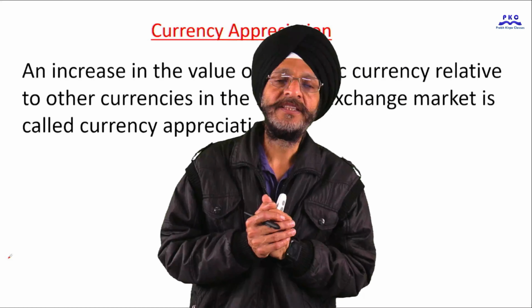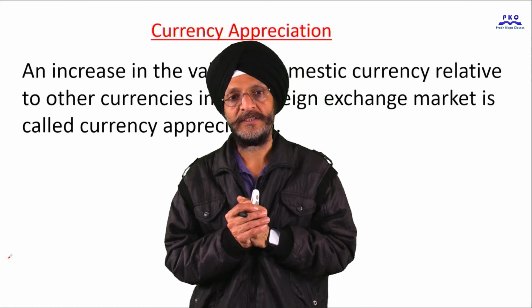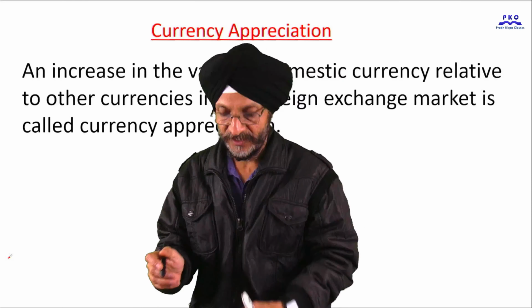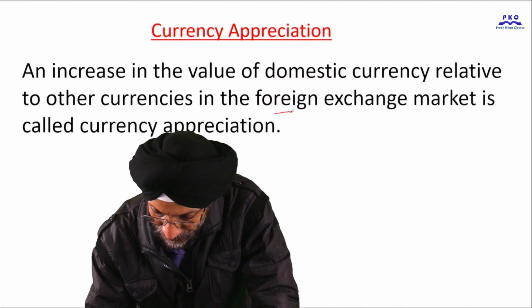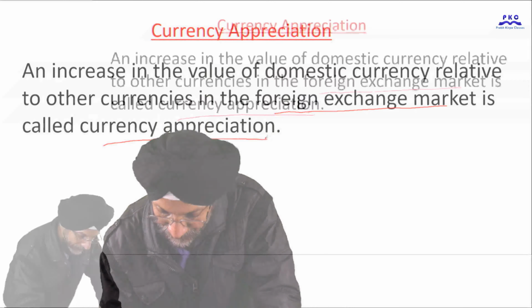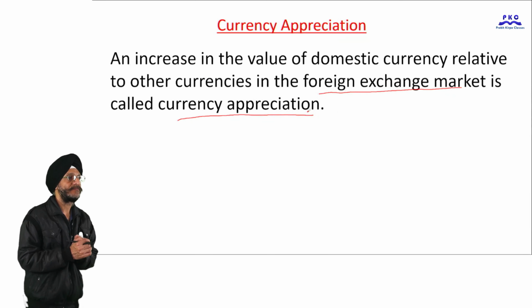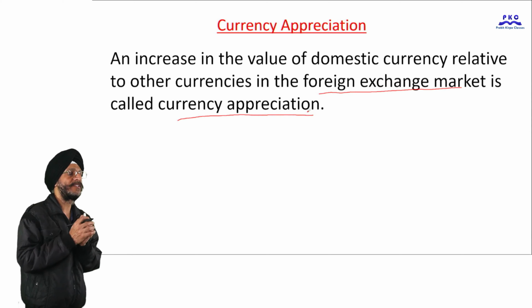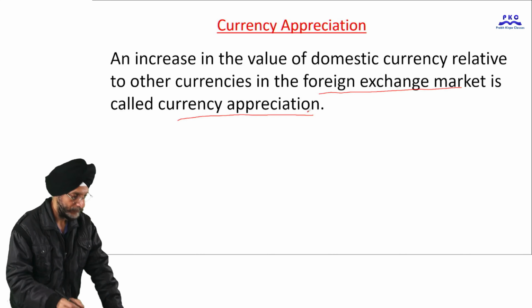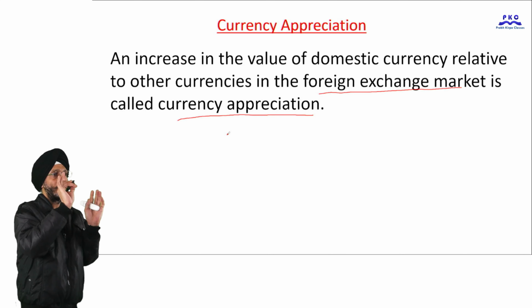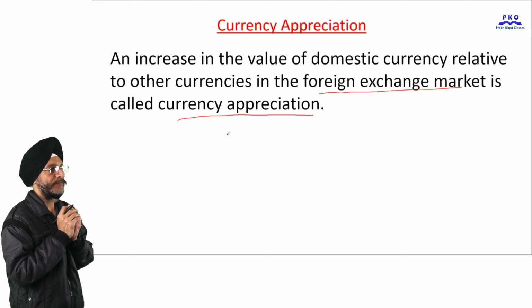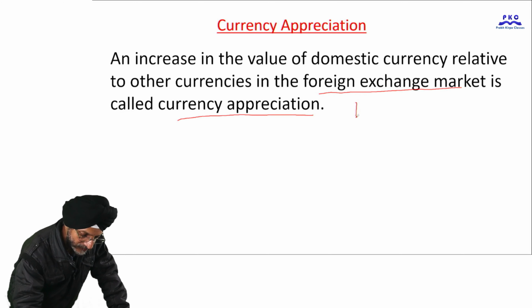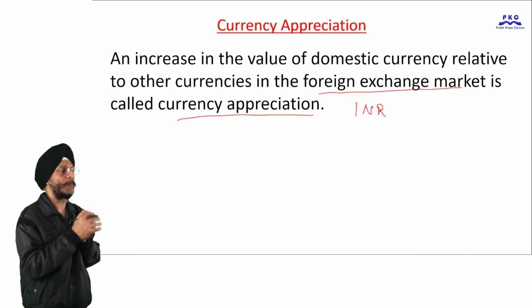An increase in the value of domestic currency relative to other currencies in the foreign exchange market is called currency appreciation. We understand with the help of an example. Suppose we are from India. Here in India, the domestic currency is the Indian rupee.